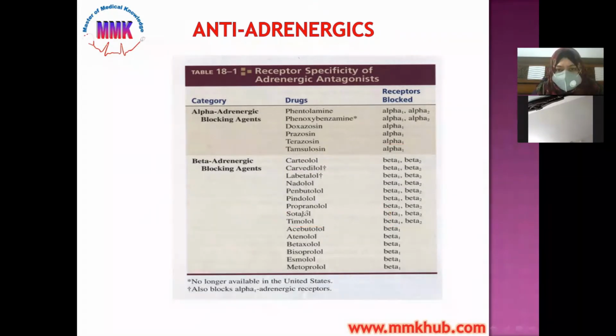Now, one more interesting thing over here: you can see that there is an asterisk in front of carvedilol and labetalol. This is because these drugs not only work on beta receptors, but along with that, they also work on alpha receptors. So basically, these are non-selective alpha and beta blockers both.